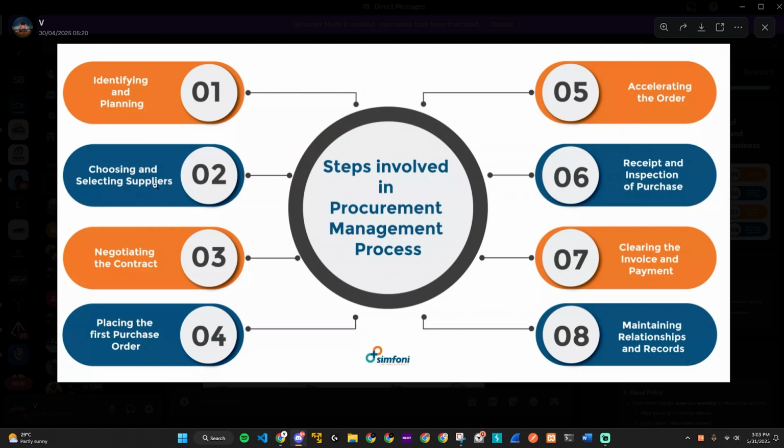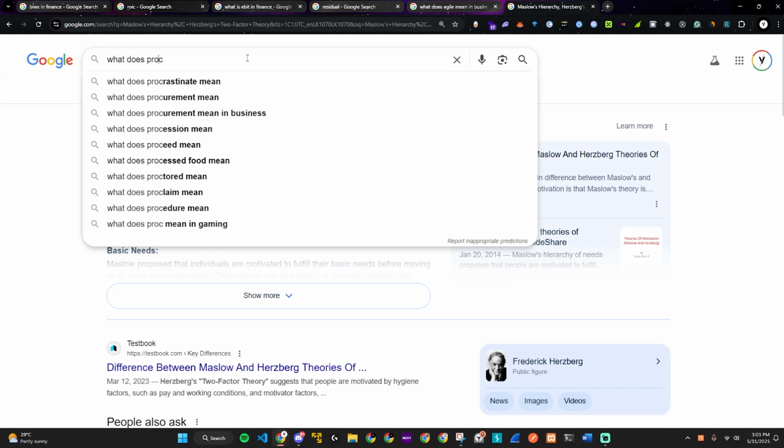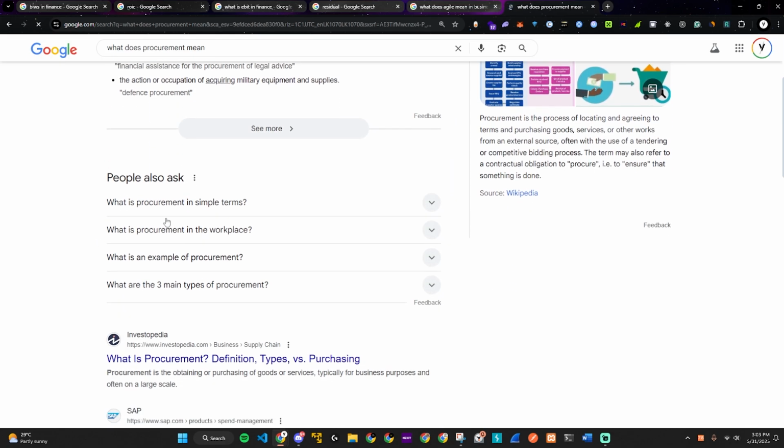Identifying and planning, choosing and selecting suppliers, negotiating the contract, planning the first purchase order, accelerating the order, receipt and inspection of purchase, clearing the invoice and payment, maintaining relationships and records. So procurement management. What does procurement mean? The action of obtaining or procuring something.